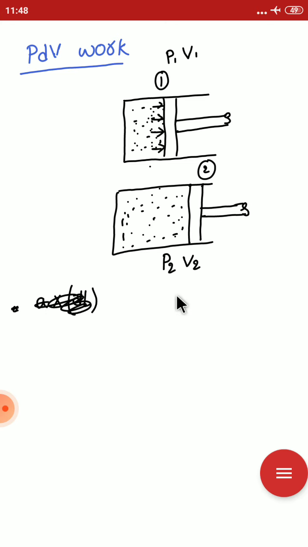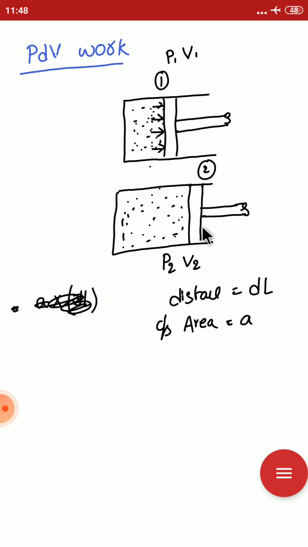The distance moved is delta L, and the cross-section area of the piston is a.